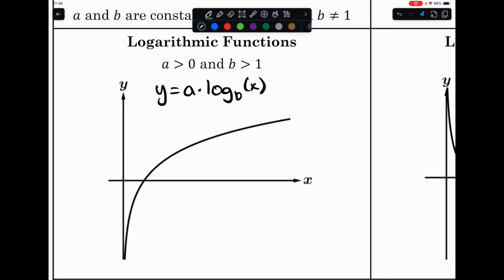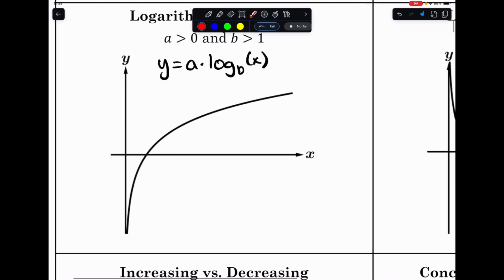If your value of a is greater than 0, any positive number, then the logarithmic function is going to increase in this direction, regardless of the value of a, as long as a is greater than 0. Now, since we're not crossing the y-axis here, there is no y-intercept.